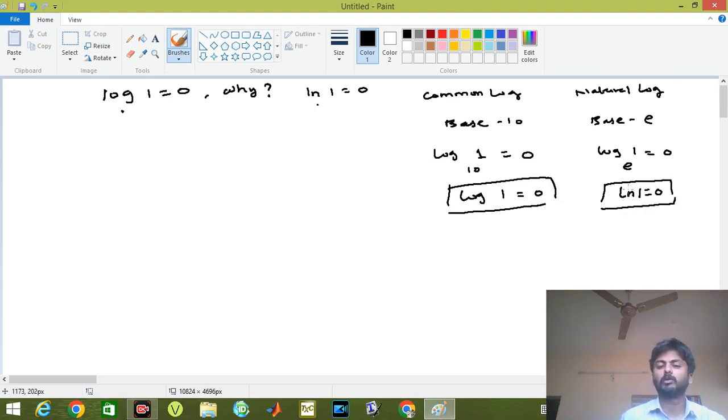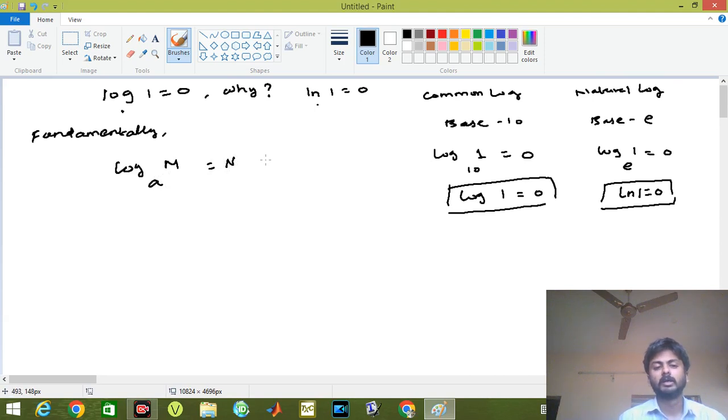Before going to the result, we want to know the fundamental thing in logarithm. Fundamentally, we will have logarithm of m to the base a equal to n.